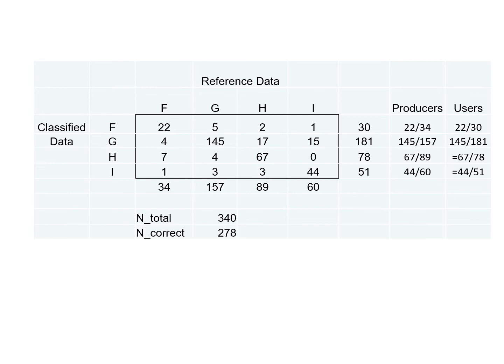So the user's accuracy is just the value along the diagonal for that particular class divided by the total observations of that particular class. The producer's accuracy, from the reference data, is the diagonal value divided by the number of actual observations of that particular class.